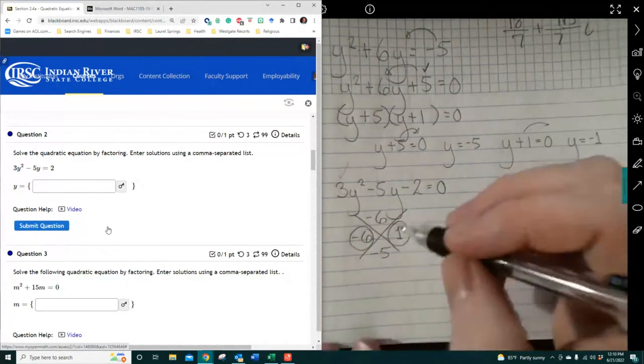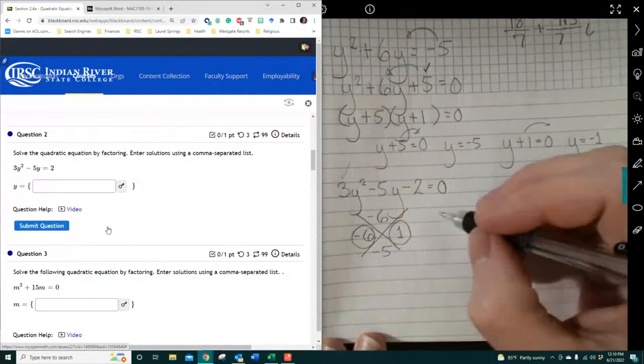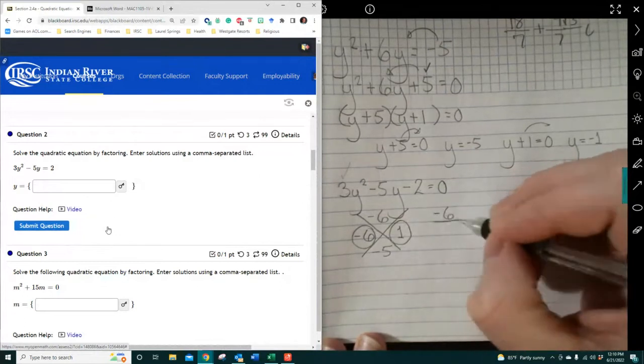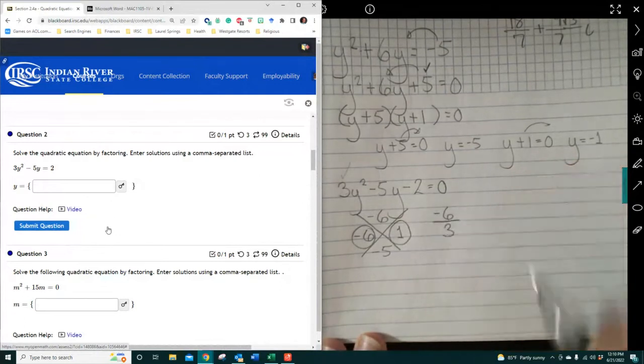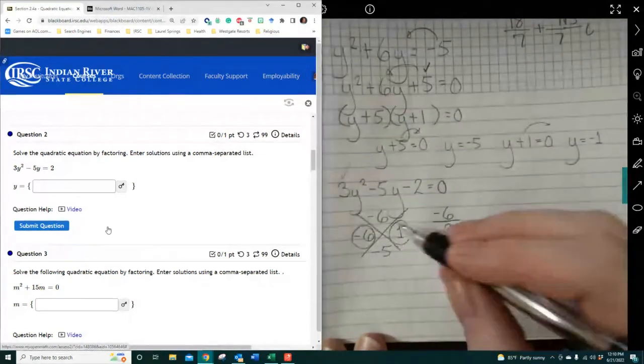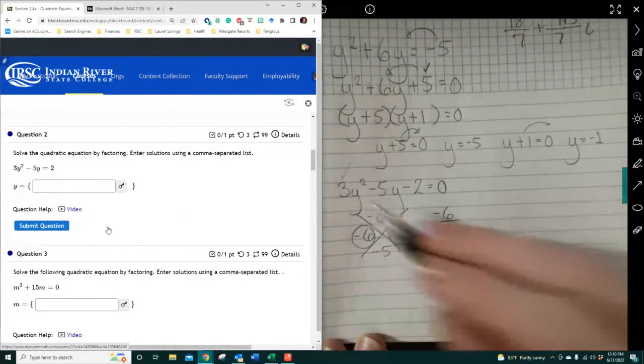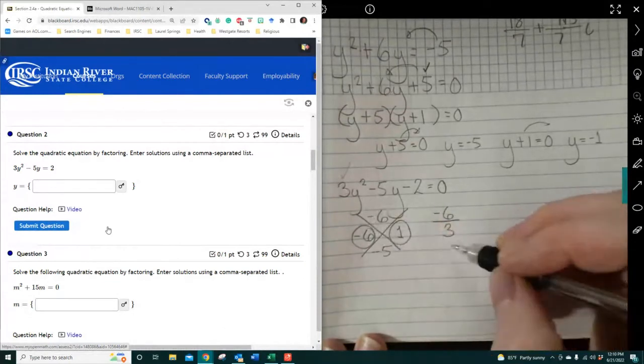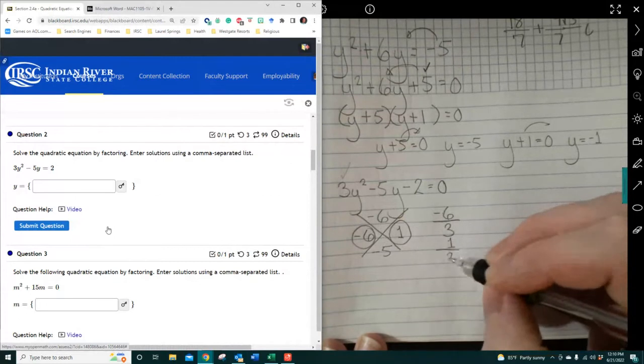Now, what you do is you go ahead and take those two circled numbers and you place it over the leading coefficient. All right? You place it over the leading coefficient. So I have this -6 over 3, as well as I have 1 placed over 3.